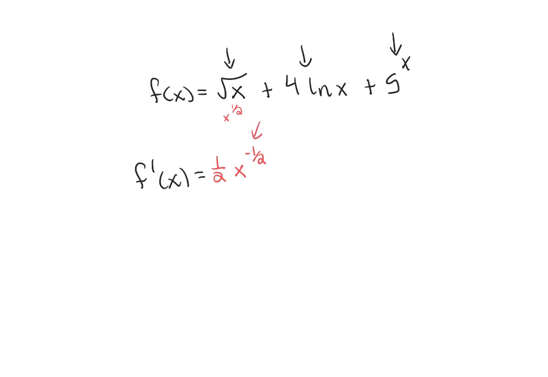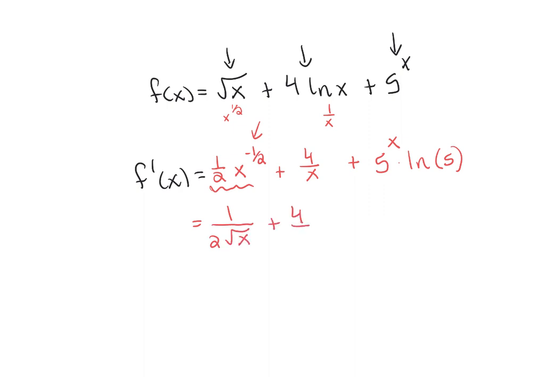Natural log, that's 1 over x, so this becomes 4 over x. Exponential function, 5 to the power of x: it stays 5 to the power of x, but then it's times the natural log of the base 5. So all we have to do is clean up that first term. That would be 1 over 2 square root x plus 4 over x plus 5 to the power of x times the natural log of 5.